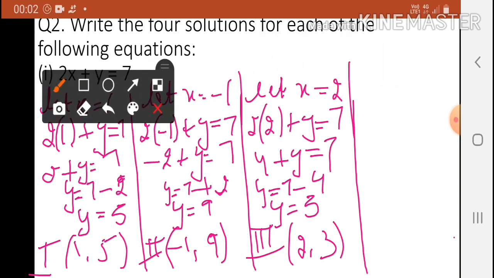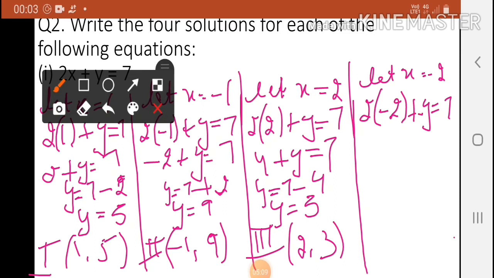Now moving ahead, let x equals -2. Now 2 multiplied by -2 plus y equals 7. -4 plus y equals 7. y equals 7 plus 4, that is 11.